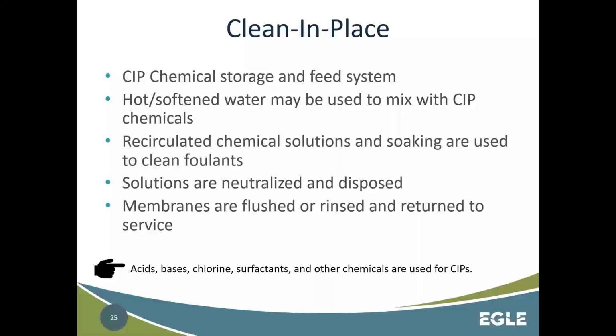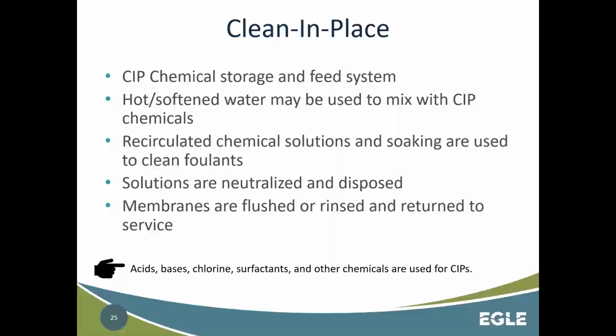If you get hot water that's softened, why do we want it softened? Because we're trying to remove foulants, and those hardness molecules could foul. So we want to have hot softened water with our CIP chemical mixed in, and then that will be recirculated and soaked.